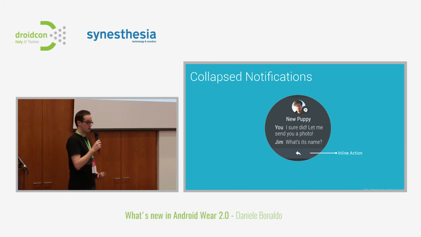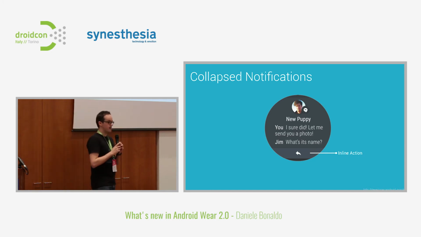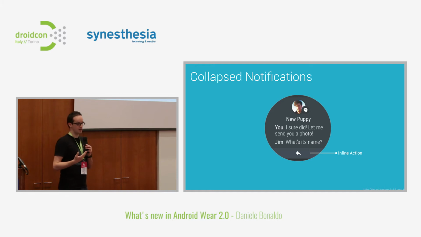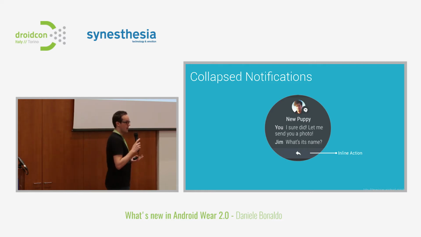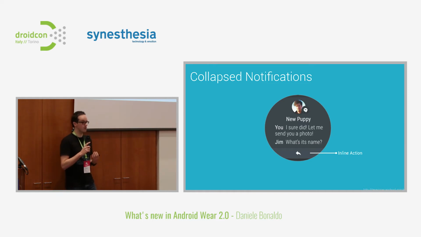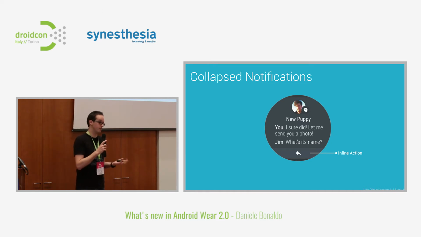With Android Wear 2, we can add inline actions, which are displayed straight away in the notification stream. This allows the user to interact even faster, even quicker with the notification. And you have to remember that low interactions and quick interactions are one of the core concepts when talking with Android Wear and wearables in general.